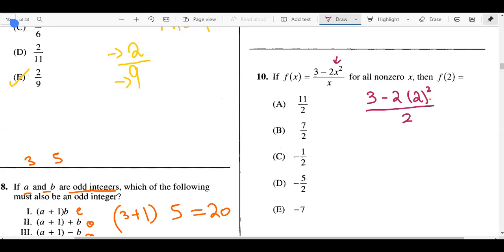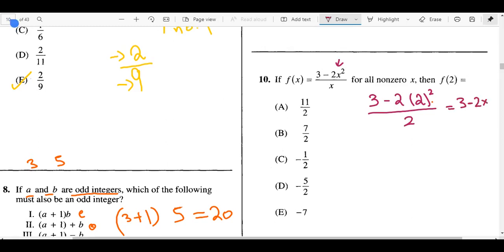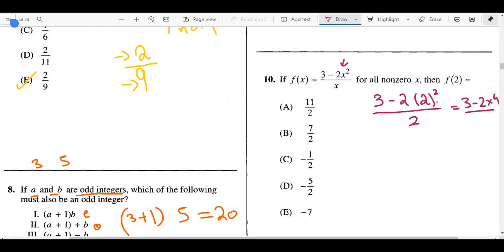That gives 3 minus 2 into 4 by 2. This is 3 minus 8 by 2, which is basically minus 5 by 2. So D is the answer, right? This question was very easy. I hope it's clear.